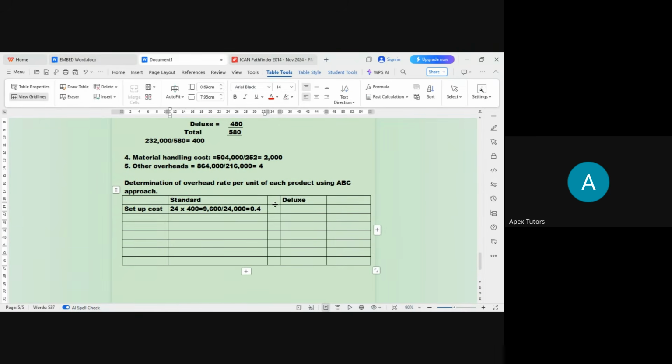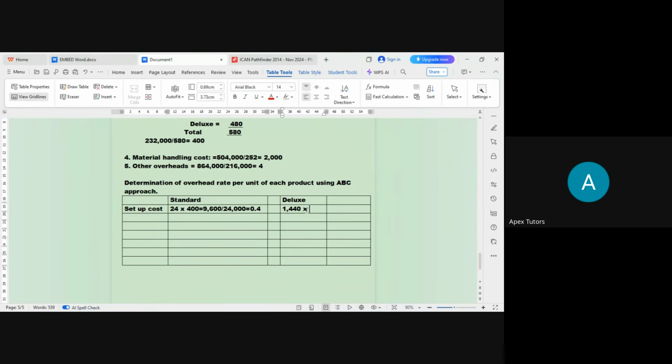0.4, right? Yes. Now for the loss, the total number of setups is what? 1,000.